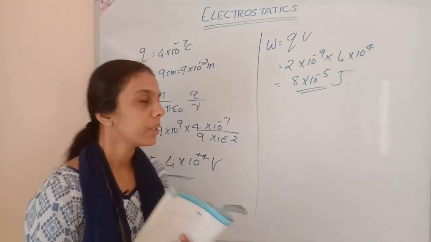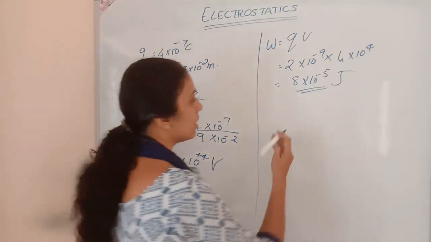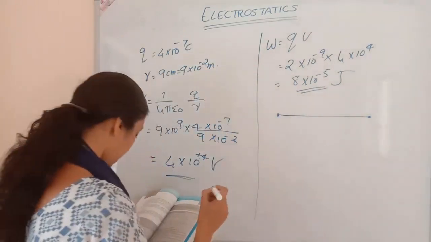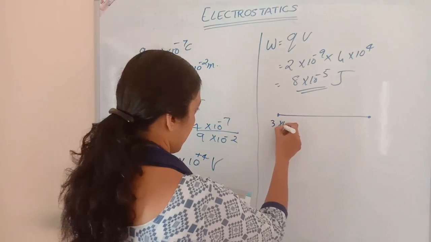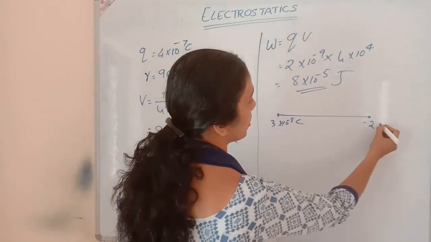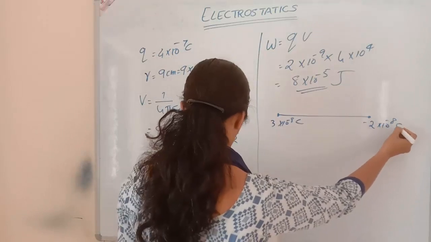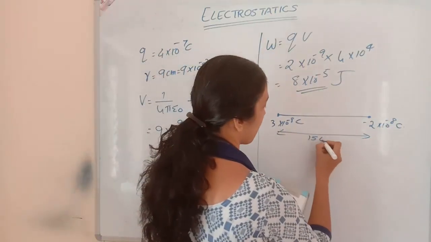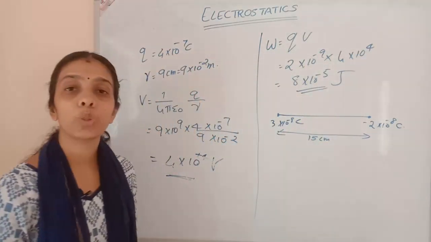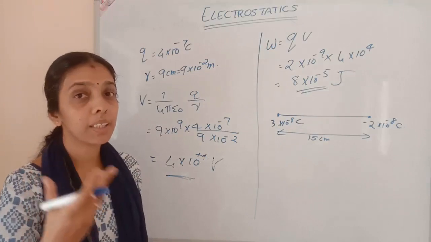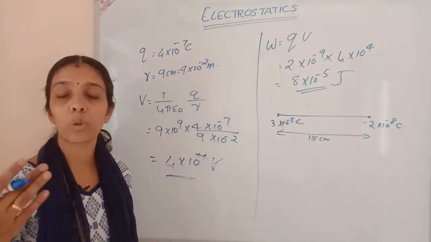For that, I am considering the two charges: one is 3 into 10 to the power minus 8 coulomb and the other is minus 2 into 10 to the power minus 8 coulomb, and these are 15 centimeter apart. So where should we keep a charge so that we get a potential equal to 0?